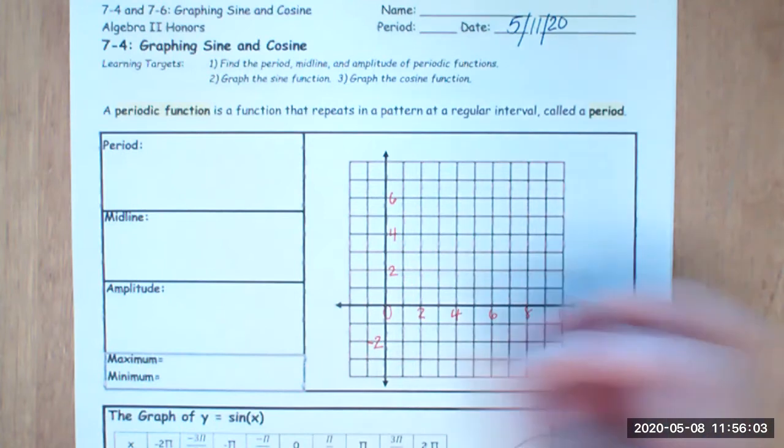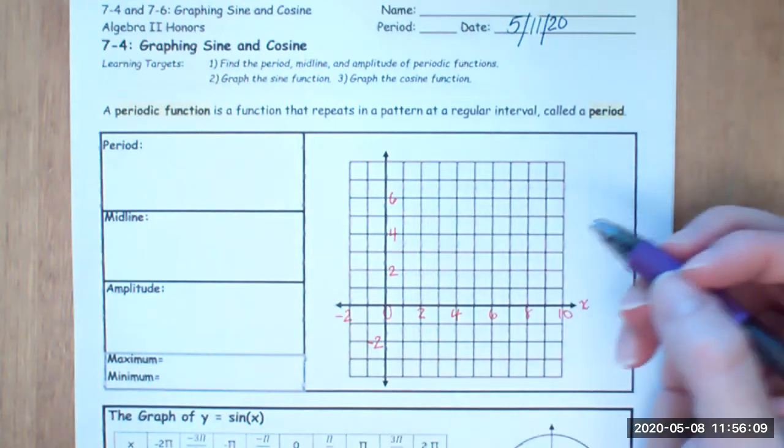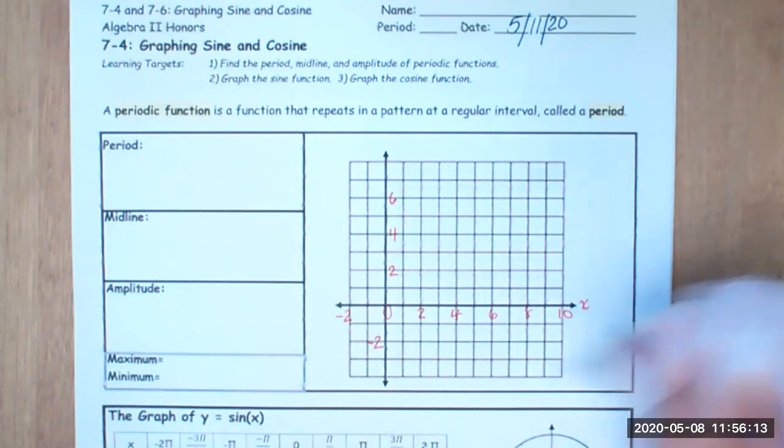Okay, and of course -2 over here. So I'm just going to make a wave function, and this function that I'm going to draw looks very similar to what we're going to see when we graph sine and cosine.